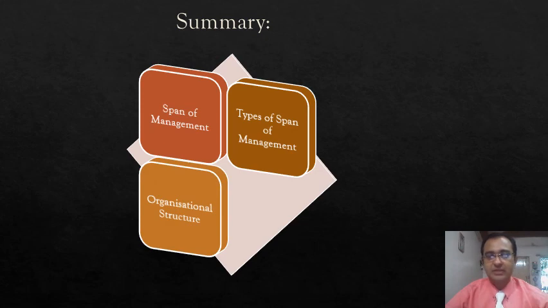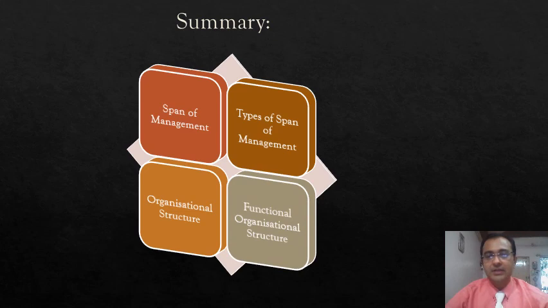Then we have discussed what is organizational structure, how it will be created, what are the bases of organizational structure, what will decide the size of organizational structure, and then we have discussed one of the most important types of organizational structure, that is the functional organizational structure.